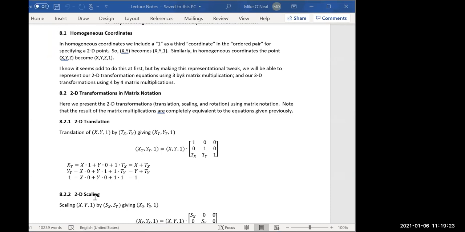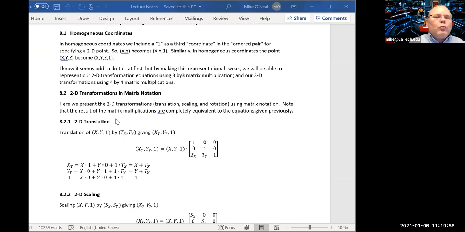In a three-dimensional system, you have an ordered triple, an X, a Y, and a Z. In homogeneous coordinates, you add a 1 at the end of your coordinates. So a two-dimensional point with an X and a Y becomes X, Y, 1, and a three-dimensional point becomes X, Y, Z, 1.